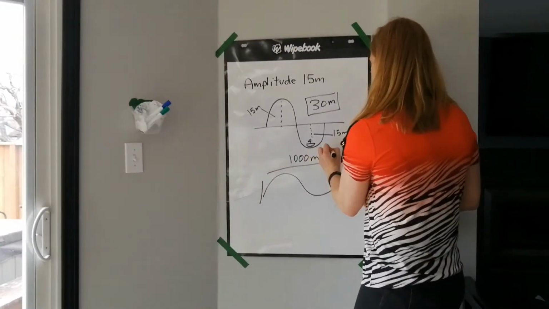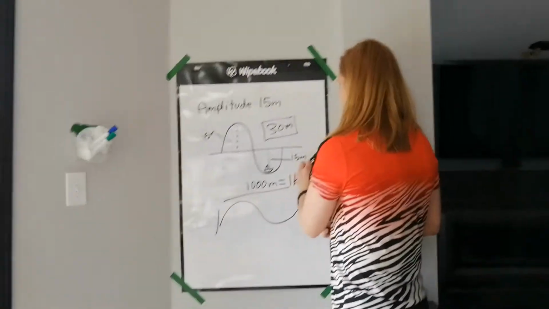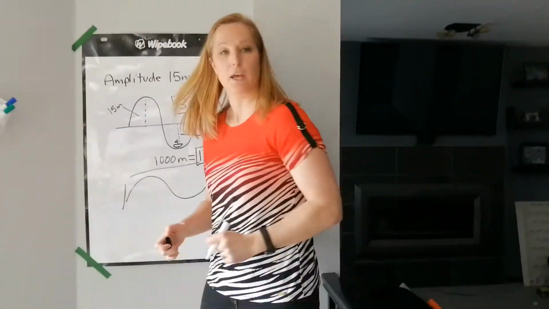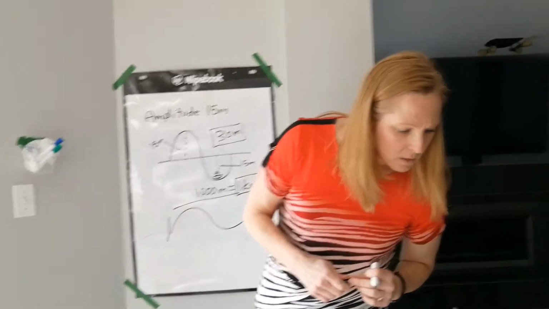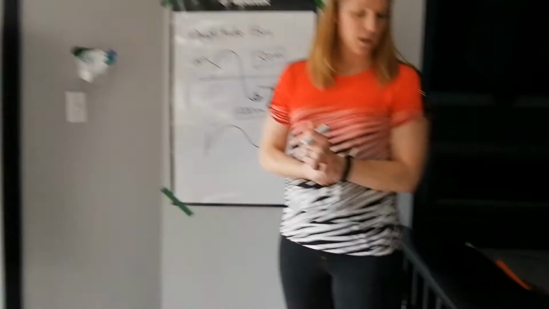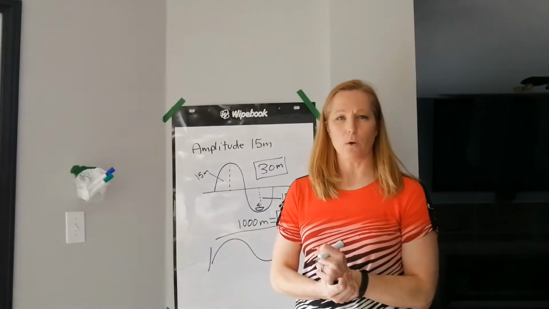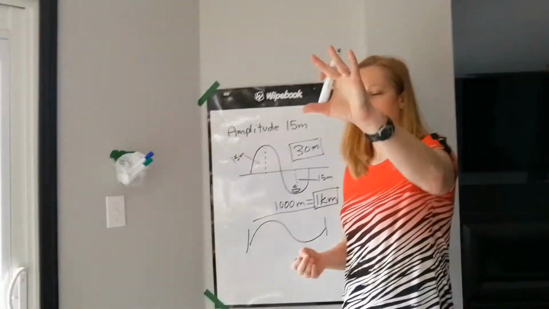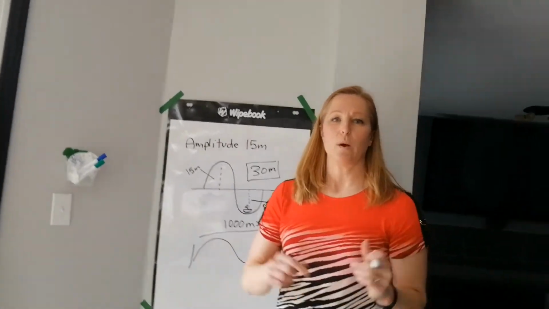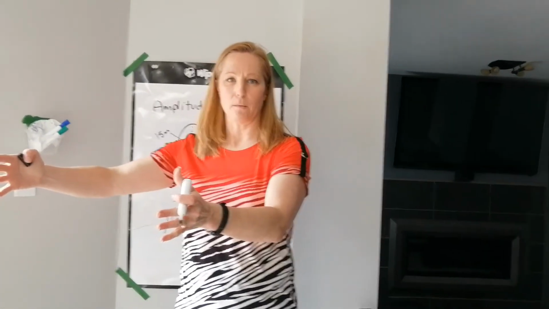That is 1 kilometer, which is very important for us to remember, that each wavelength is 1 kilometer. So again, if the question says that the wave travels at 10 kilometers per hour, we want to know how many waves will pass under a boat in 1 hour. Well, each wave takes 1 kilometer. There are 10 of them in 1 hour.